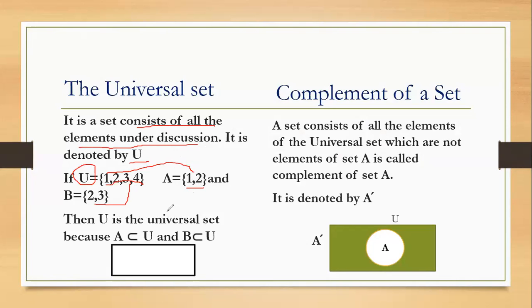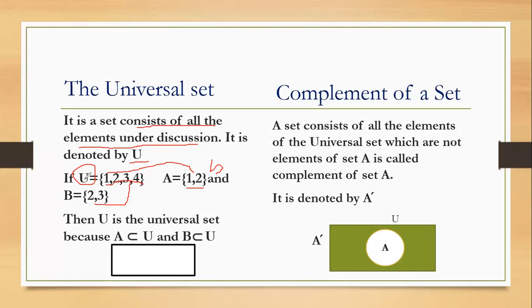Okay. For example, if here set A contains 1, 2, and 5, then 5 is not the element of U. Then set A is not the part of the universal set. Getting my point? Then A is not the subset of universal set.